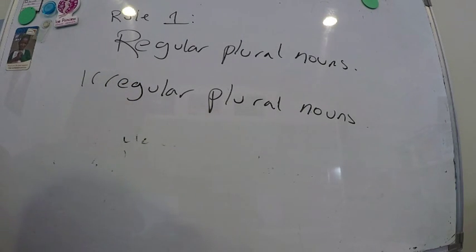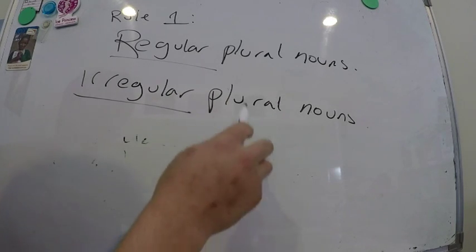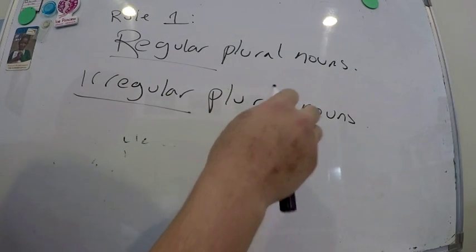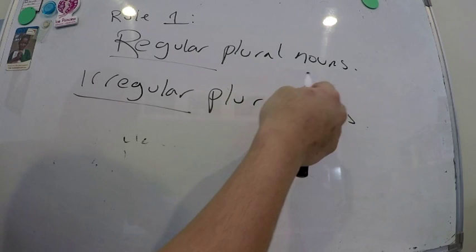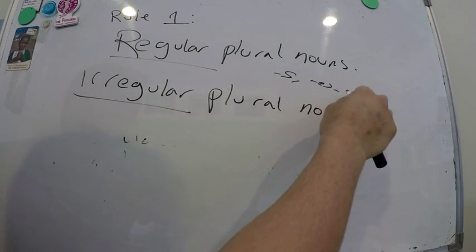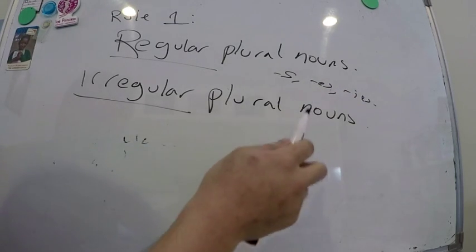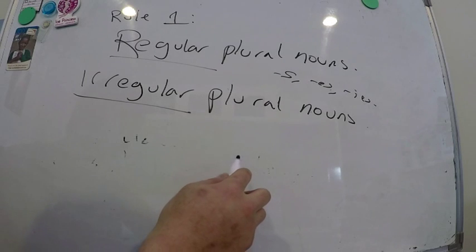Now, both of these change that noun from a singular to a plural. However, the difference between regular and irregular is that with regular plural nouns, you can usually just put an S or sometimes an ES or sometimes an IES at the end to make it plural, but with irregular plural nouns, you actually have to change the whole word.